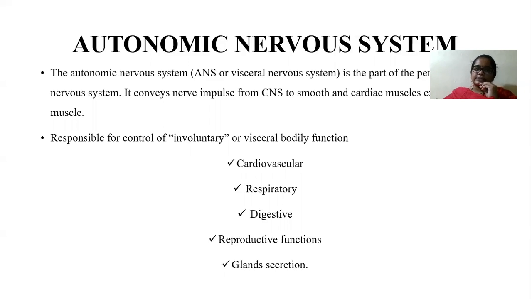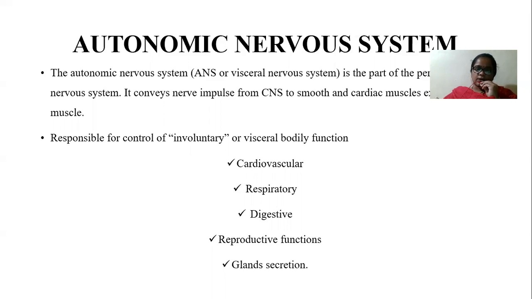This autonomic nervous system controls the involuntary body functions, like cardiovascular function, heartbeat and circulation, respiratory functions, inspiration and expiration, digestive and reproductive functions, and glandular secretions. So these are all involuntary body functions.